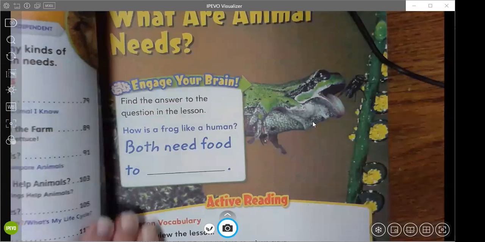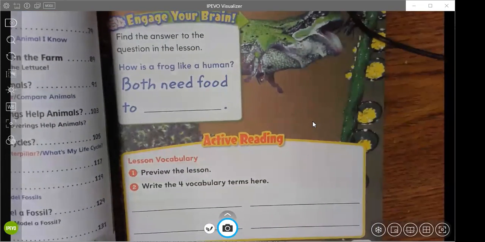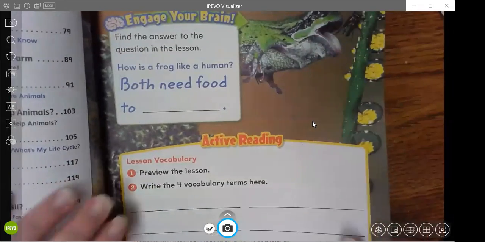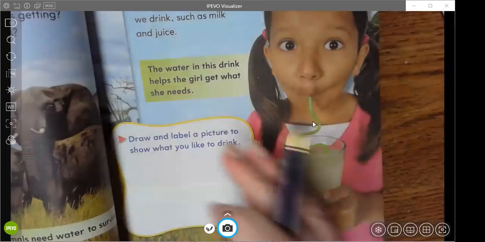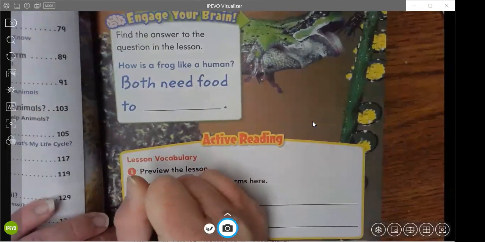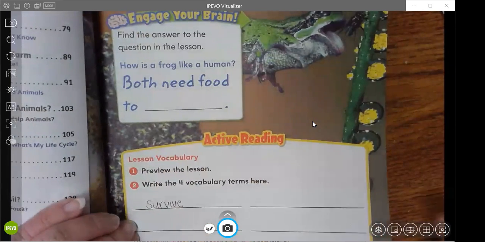All right, so if you went ahead and looked through, there's 4 vocabulary words. They're always the yellow highlighted word, you remember? So if you look on page 80, the first word is survive. And just like when we're in the classroom, the order does not matter.